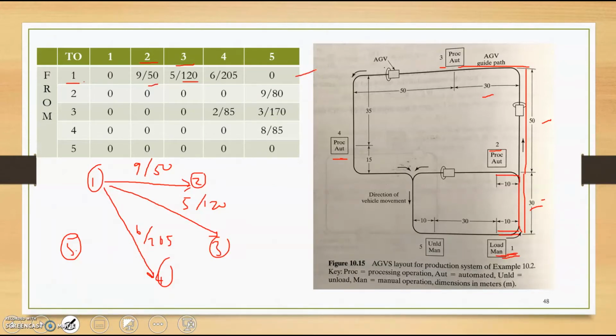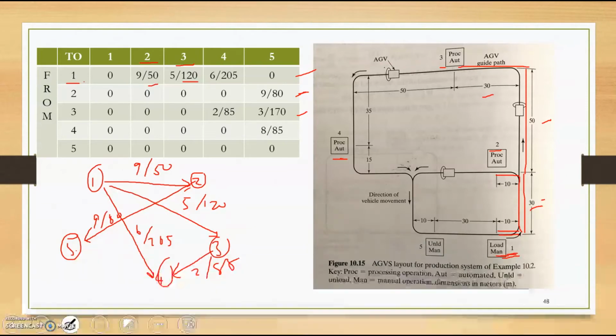Then we go to the second row, which is from station 2 to station 5. After production, the parts will be delivered to the unloading station, which is station 5. So 2 to 5 is here. This is 9 to 80. Then we go to the next row, from 3 to 4. This is 2 to 85.